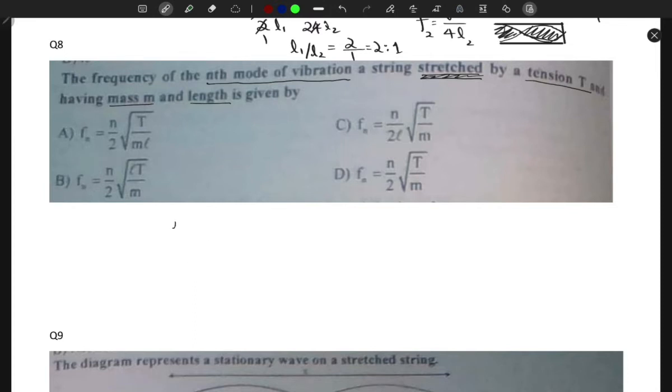So we know from the notes that the frequency for any nth mode is given by n over 2L times square root T over m. This is the case for the stretched string. So the expression that looks like this over here is n over 2L square root T over m. So that's C.